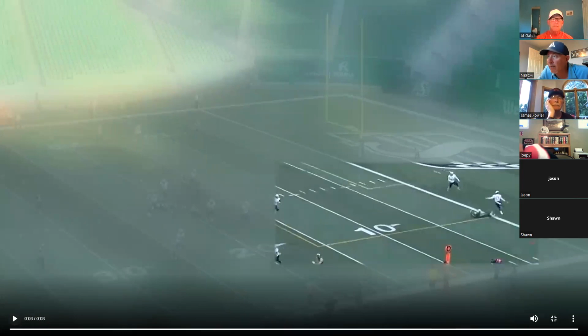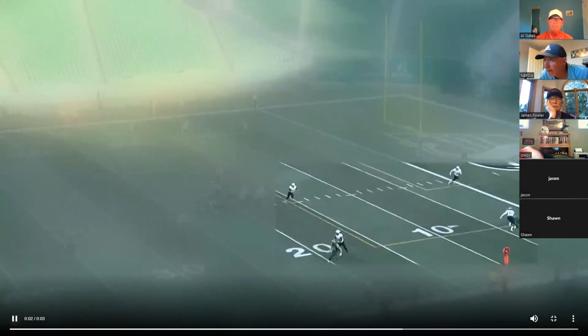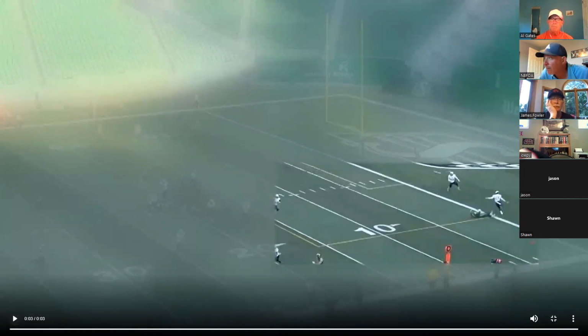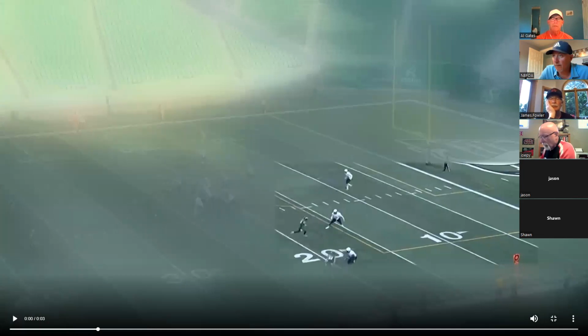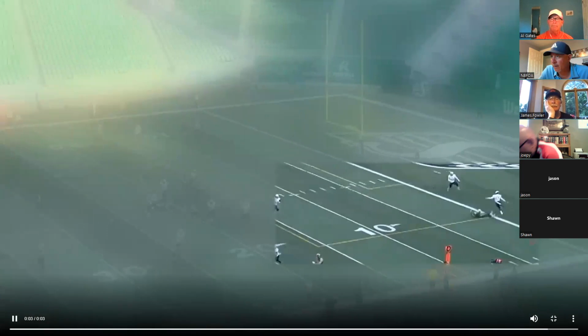The quarterback literally looks like he's throwing the ball right at the end before he gets tackled here, but the player is already on the ground. Even if he doesn't throw the ball, it's an obvious passing situation, so it's got to be legal contact, I would think. In my opinion, that's got to be a legal contact on that receiver.